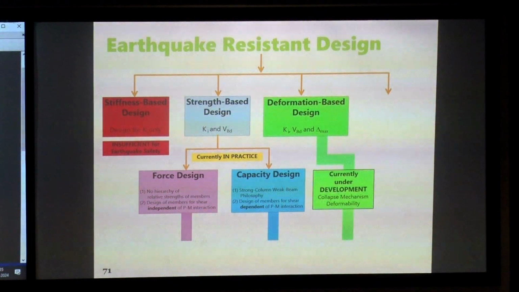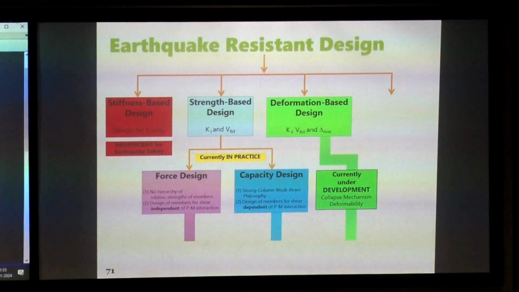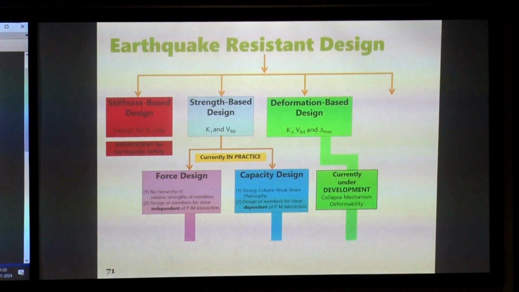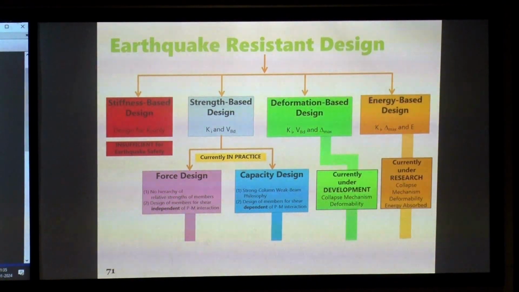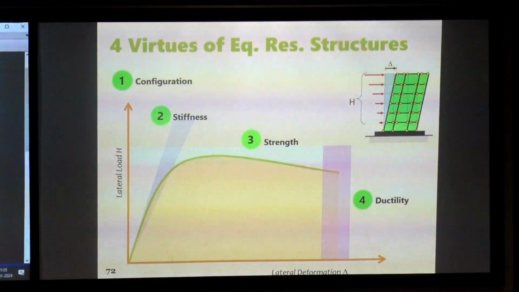In future, when you talk about load deformation, until now we are sticking to load, but we are going to talk about deformation-based design, and finally a robust earthquake-resistant design in terms of energy. That will happen in the future, and that is where we should be able to predict the entire load deformation characteristics of a structure.